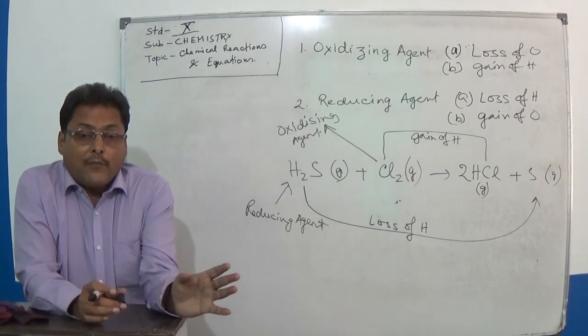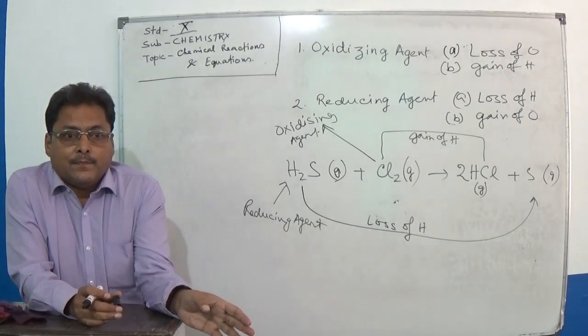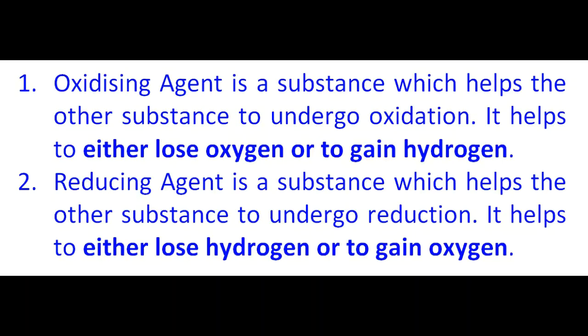Let us go through a few more examples. An oxidizing agent is a substance which undergoes reduction itself and helps the other substance to undergo oxidation. It helps either to lose oxygen or to gain hydrogen. On the other hand, a reducing agent is a substance which itself undergoes oxidation but helps the other substance to undergo reduction.